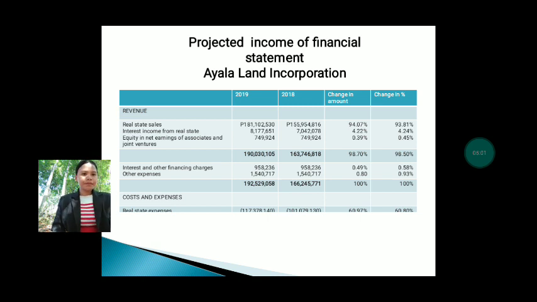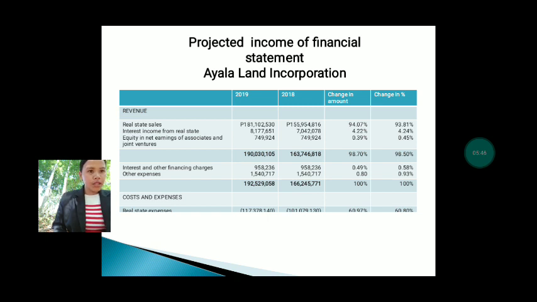Multiplied by 100, the total is 98.7%. The same process applies to 2018, and all accounts are divided by net sales. The interpretation of these percentages: in 2018 it is 93.81% and in 2019 it is 94.7%.